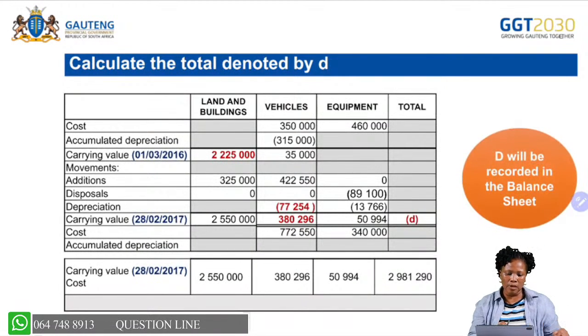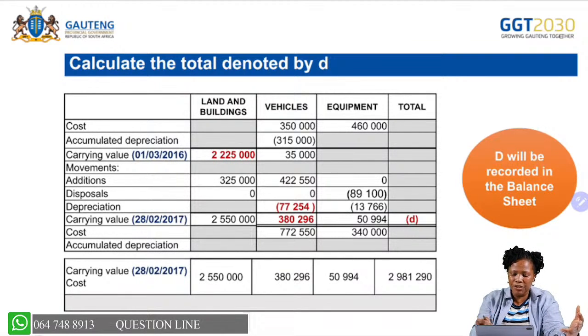All right. Now we only have to calculate number D. Remember that those numbers, or even the figures that are written in red, have been done already. They have been calculated already. We need to calculate our D. And this is the amount that goes to the face of your balance sheet.